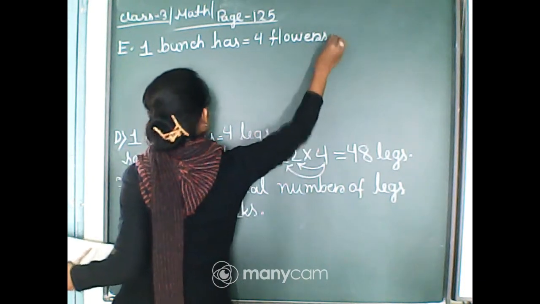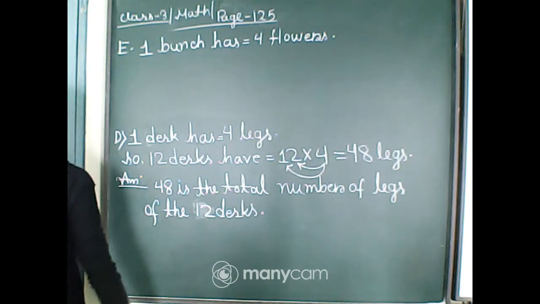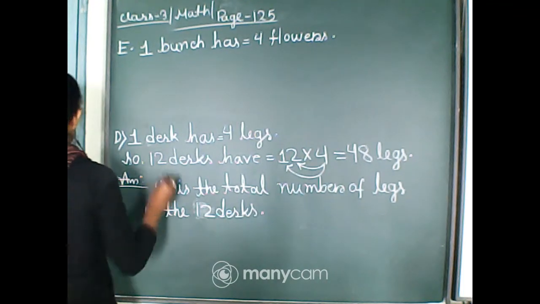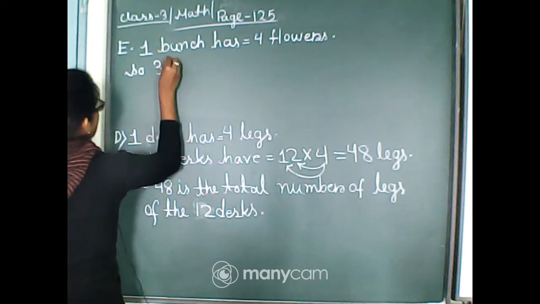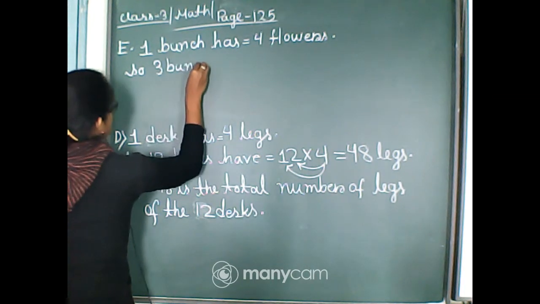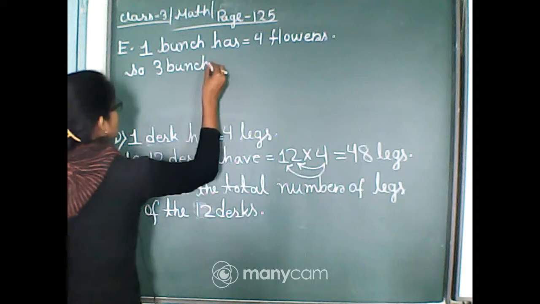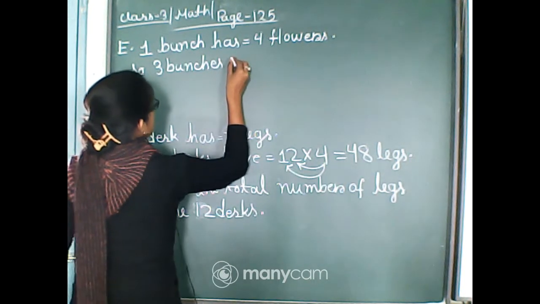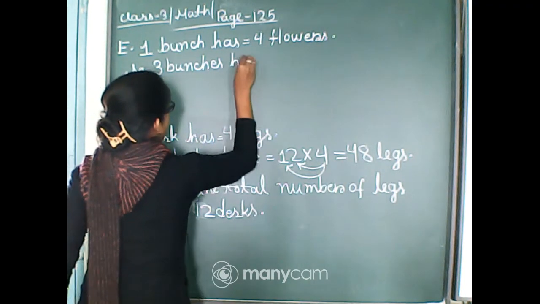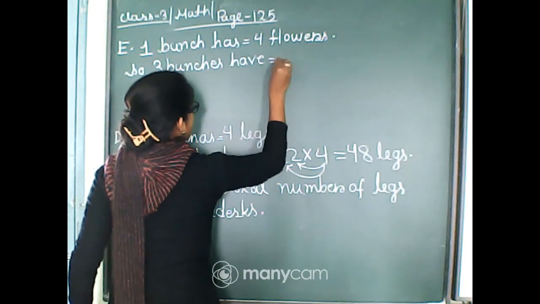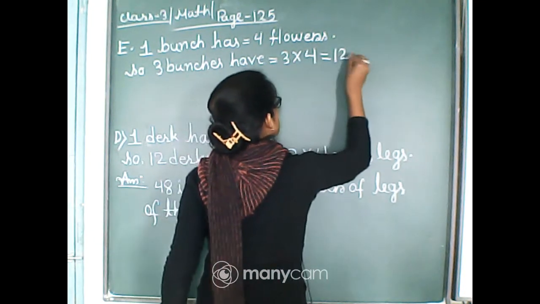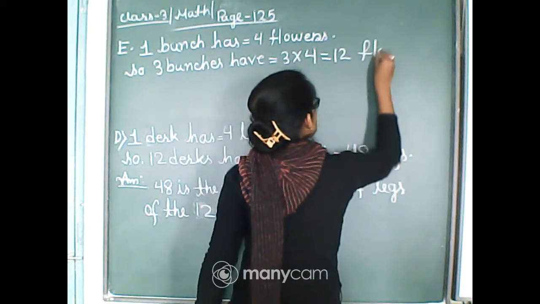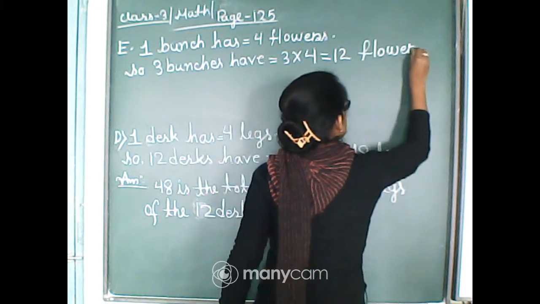Okay, now Shabiha brought 3 bunches of flower, so 3 bunches have what? 3 into 4 equal to 12 flowers.